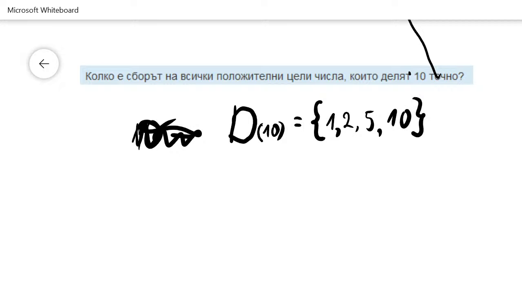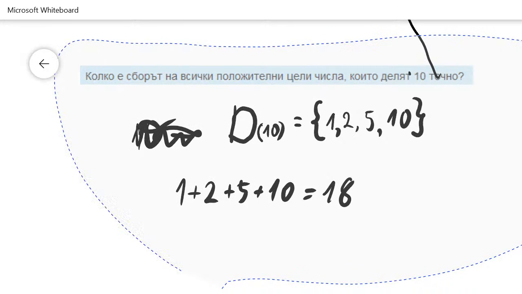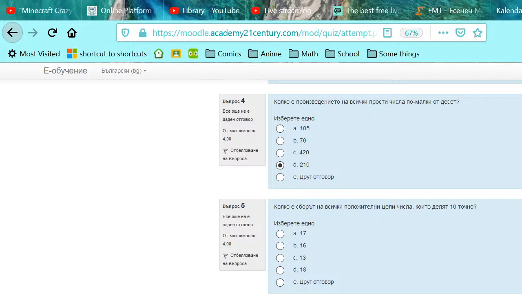So when we add up, we have 1 plus 2 plus 5 plus 10, which is equal 18. Alright, that was a pretty easy one.